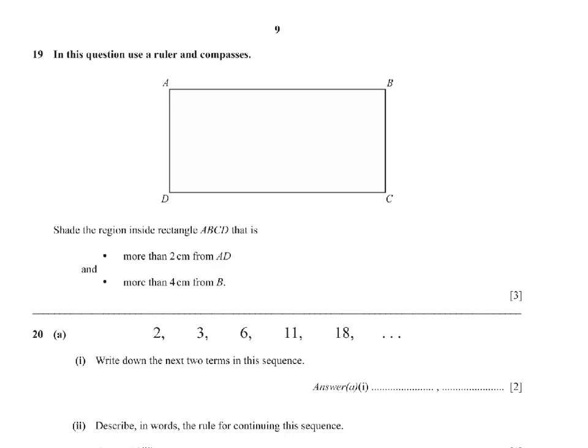More than 2 centimeters away from AD. So you're going to take your ruler, you're going to do it better than what I'm going to do now on my tablet, but you're going to draw a parallel line exactly 2 centimeters away from AD. So I'm just going to use my ruler and say, okay, that's 2 centimeters away, and on the other side I'm also going to measure 2 centimeters away, and let's say in the middle another 2 centimeters.